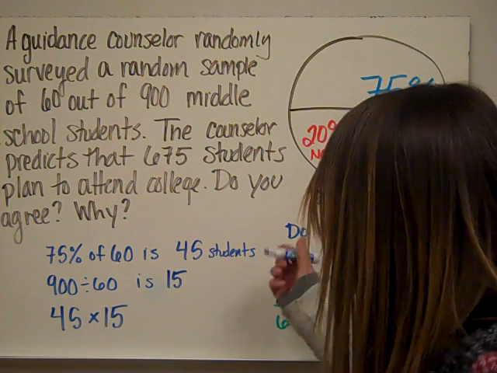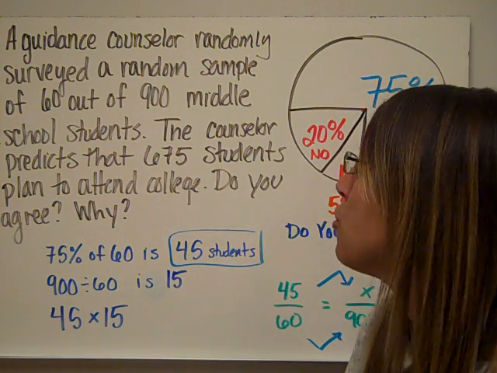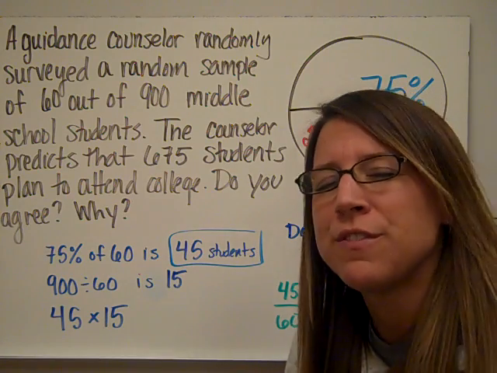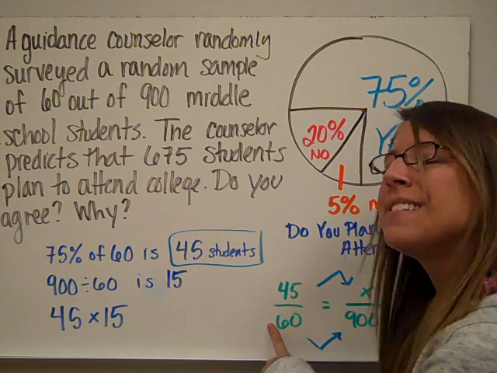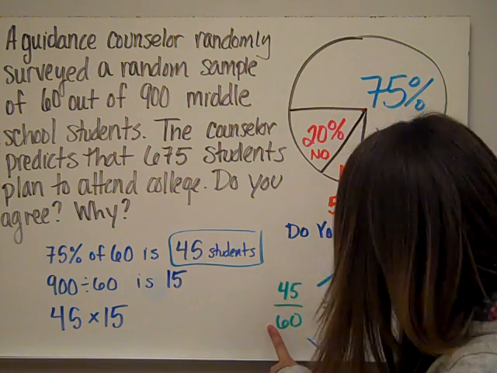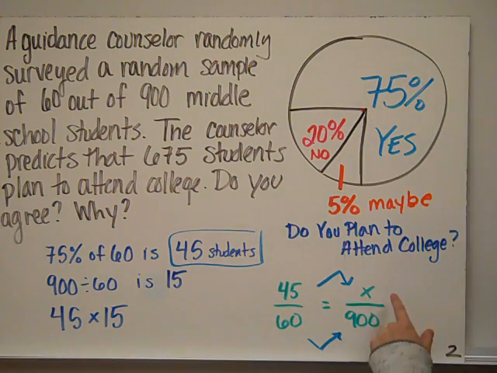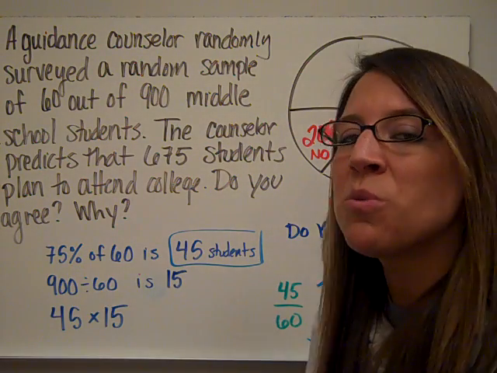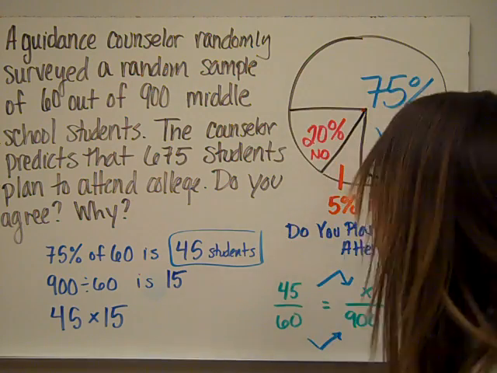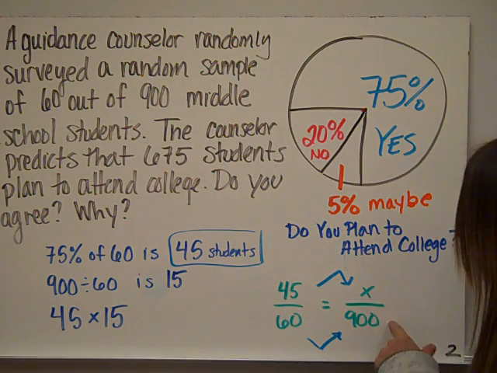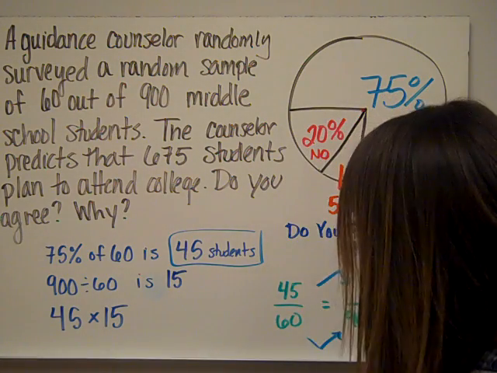Now, 45 of the total, I'm just going to kind of box that in. Now, if I divide 900 by 60, that number is 15. Now, why is that important? Well, if 45 out of 60 responded with yes, then if 900 students attend the middle school, then we can say, using our ratio box and proportional reasoning, we can predict how many students out of 900 plan to attend college.